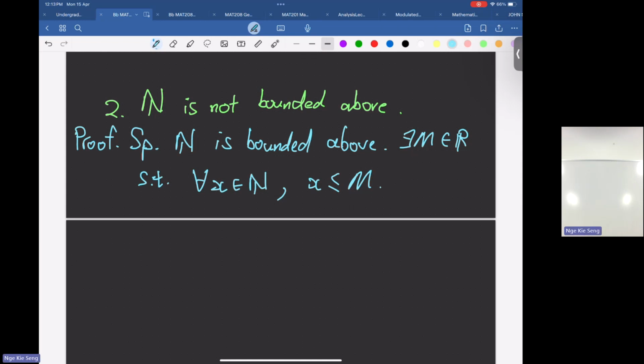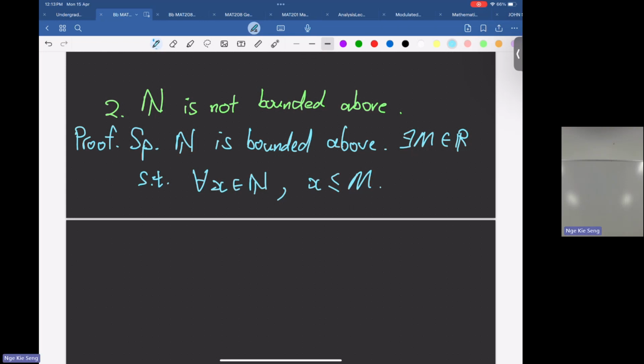So what x can do the job? M plus 1? But you think here m is a real number. A real number might not be a natural number, right?